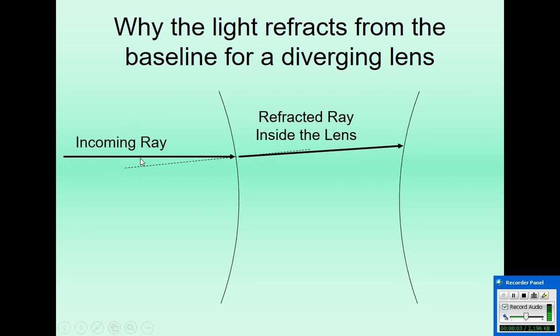We see the incoming angle, the angle between the incoming ray and the dashed normal line, and the angle between the outgoing ray and the dashed normal line, and we see that the outgoing ray has refracted towards the normal, just in obeyance of the law of refraction, Snell's law.